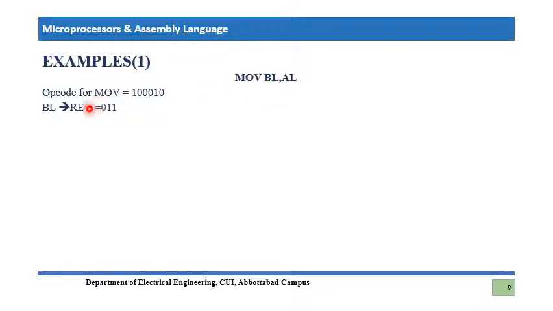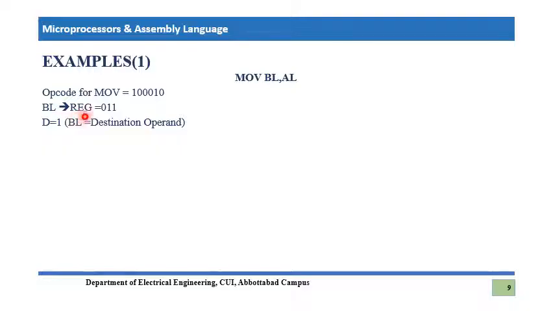According to the table, which you can still see in the book or in the uploaded table, BL is equal to 011 whenever we are considering REG options.